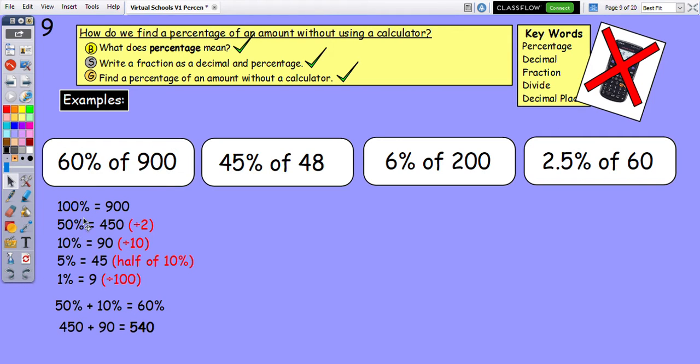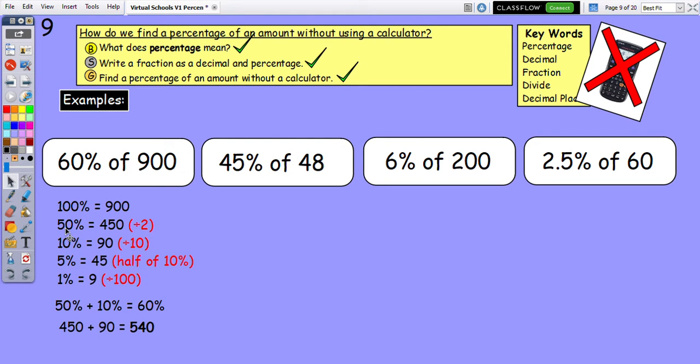Okay, now it's always good practice to find 100%, 50%, 10%, 5%, 1%, and 0.5% if you need it. Okay, 100% of a number is just the number. So 100% of 900 is 900. 50% of 900 is 450, because 50% is half of the quantity.